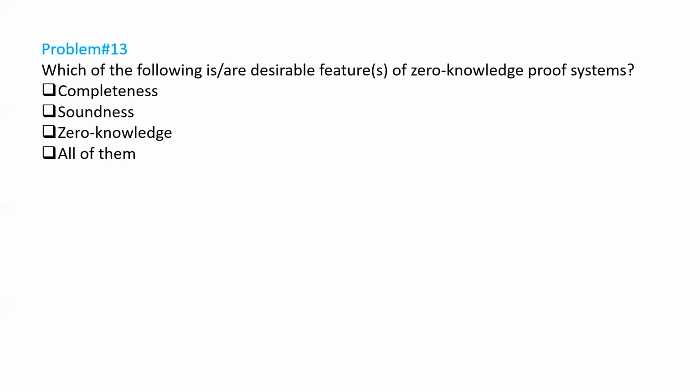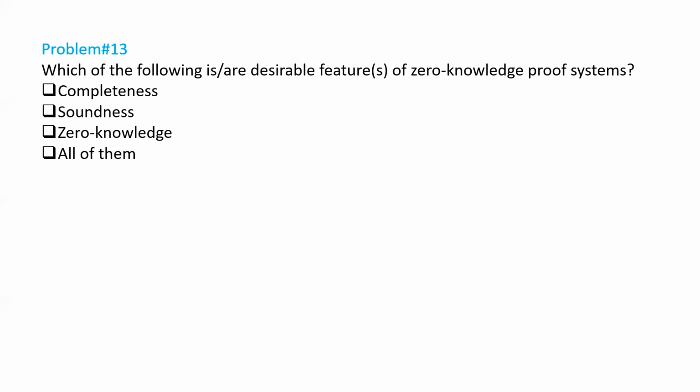And the soundness property says that in case the prover is corrupt and comes up with a falsely generated witness, then that witness should not be treated as a valid witness to the claim. The verifier should reject that witness. That is the soundness property, covering the case of an honest verifier and a corrupt prover.